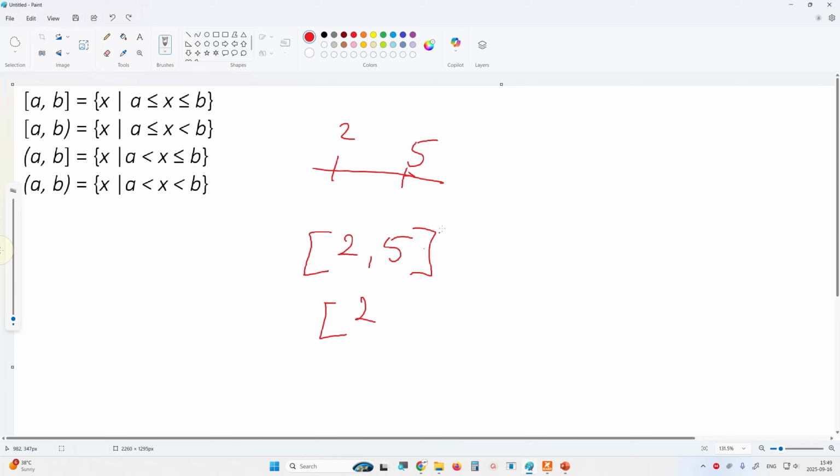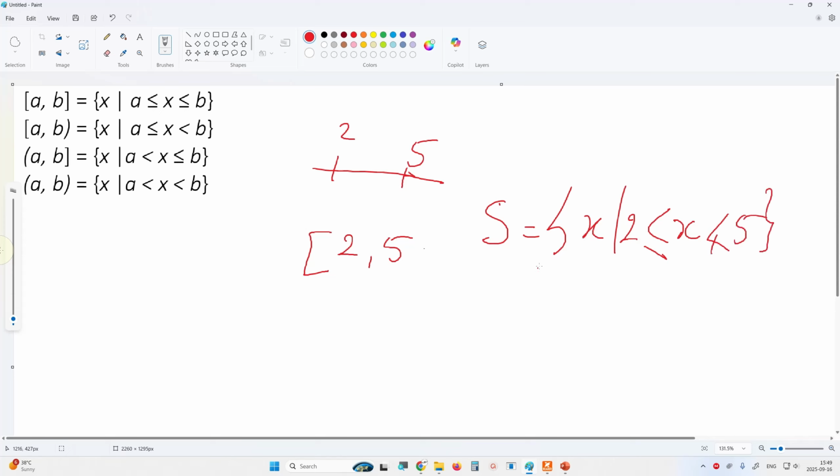For example, I have this set S, which is the x's where x is greater than or equal to 2 and less than 5. I'm going to represent it this way, and this means I'm going to have 2, 3. Sorry, I forgot to say that x is an integer.